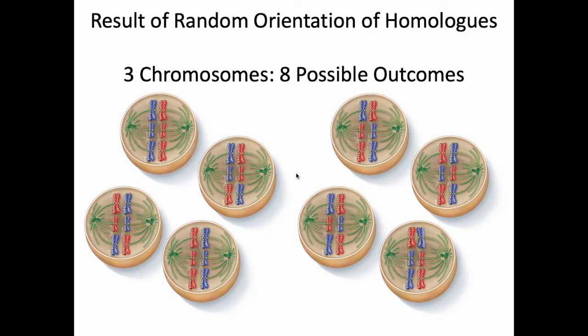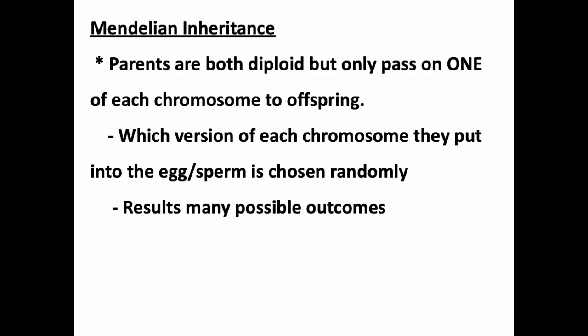We talked about all this in the meiosis chapter. So which version of each chromosome they put into any given egg or sperm is chosen randomly. This results in many possible outcomes, and this increases genetic diversity. That's really good for having diverse offspring. Now, there are many possible outcomes here, but we can predict what these outcomes could be.